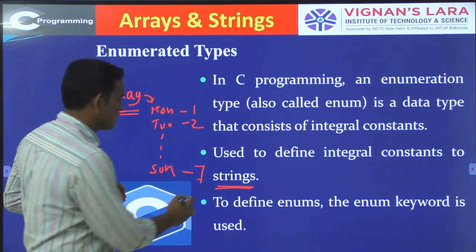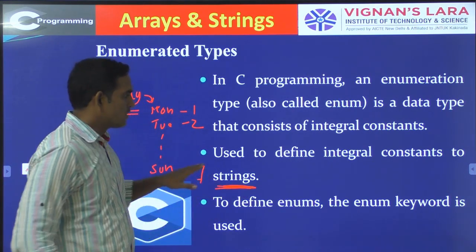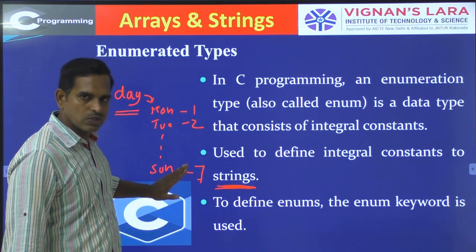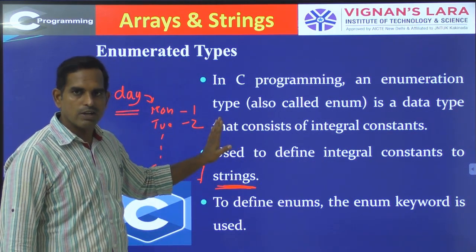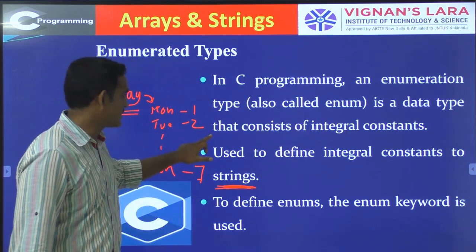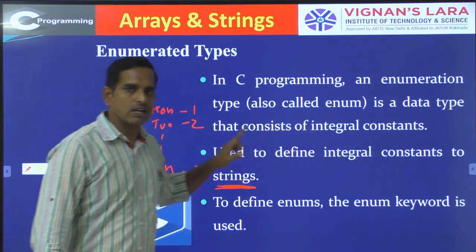You implement enumerations whenever you want to define integral constants for your strings. In such situations you use enumerated types. In C programming, an enumerated type is a data type that consists of integral constants.